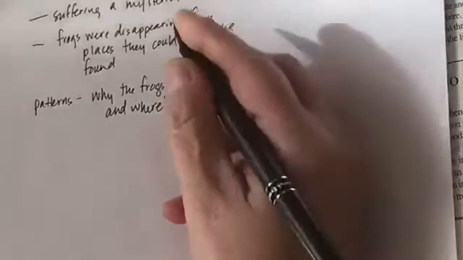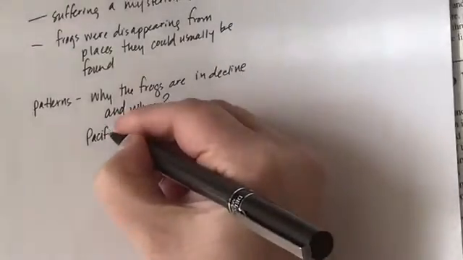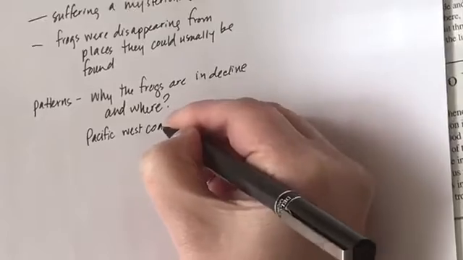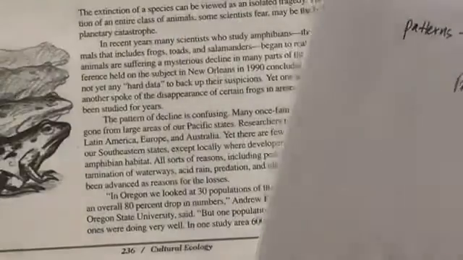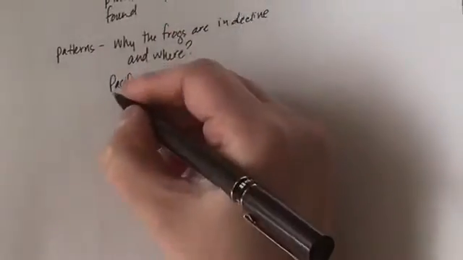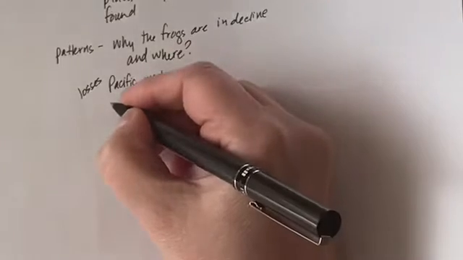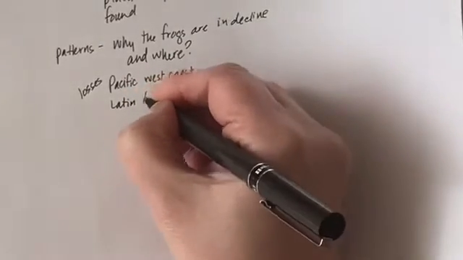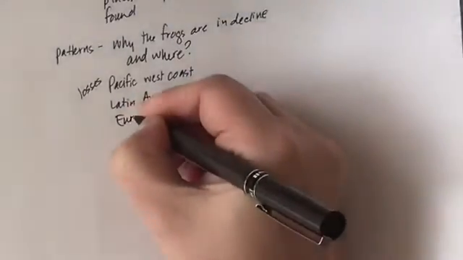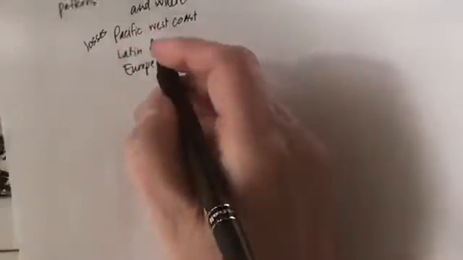And this book talks about the Pacific, West Coast, talks about, so these are losses in Latin America, Europe, and Australia.